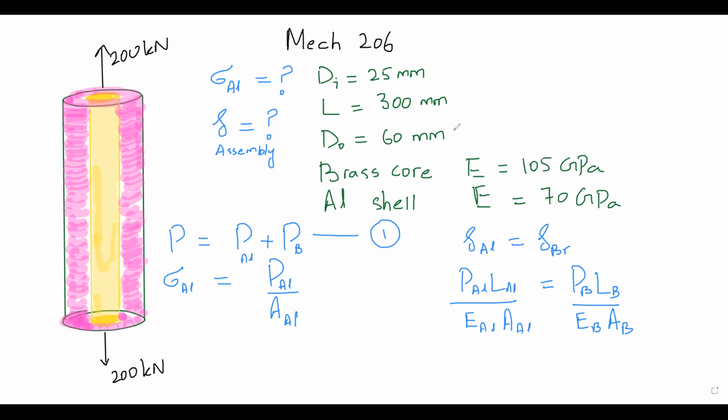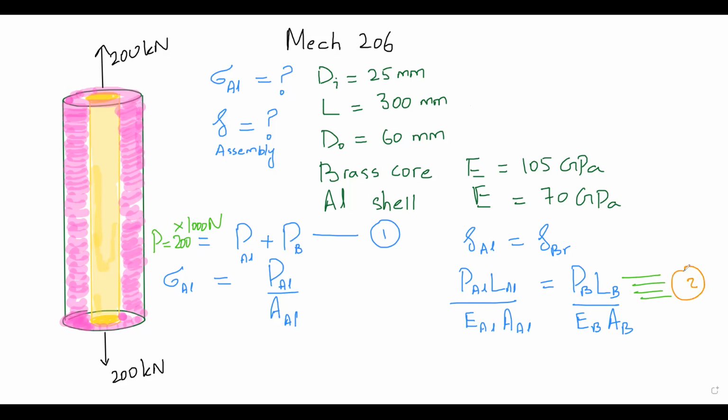And I will take this liberty of writing quickly that this P is, I suppose, 200 kilonewton, right? So I will say P equal to 200 kilonewton. I need one more equation, and one of the students said, why don't you use this equation? So I will be using this as the second equation.